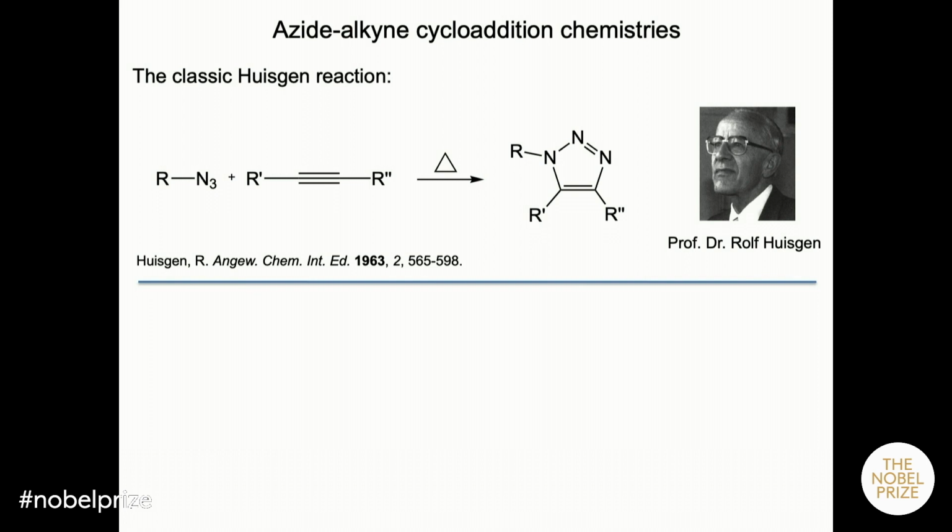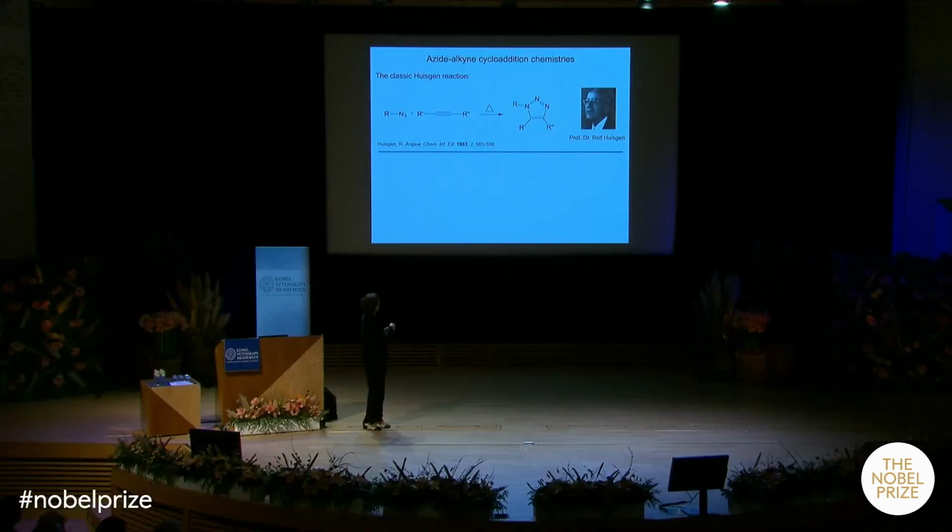And like the classic Staudinger reaction, this chemistry seemed to us as being almost bioorthogonal because, like the azide, alkynes are also quite rare in biological systems. We don't have them in our bodies, as far as we know.